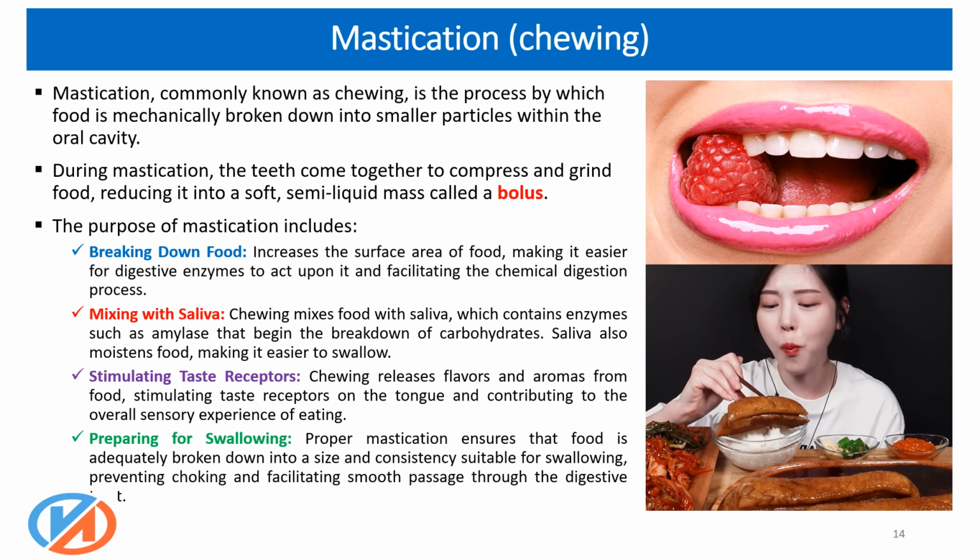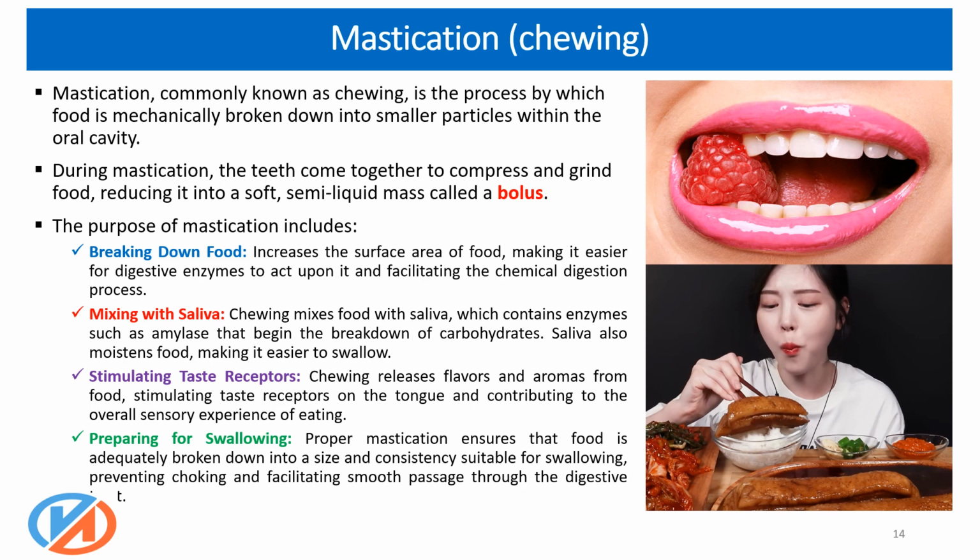The next purpose of mastication is mixing it with saliva. Chewing mixes food with saliva, which contains enzymes such as amylase that begin the breakdown of carbohydrates. Saliva also moistens food and makes it easier to swallow.